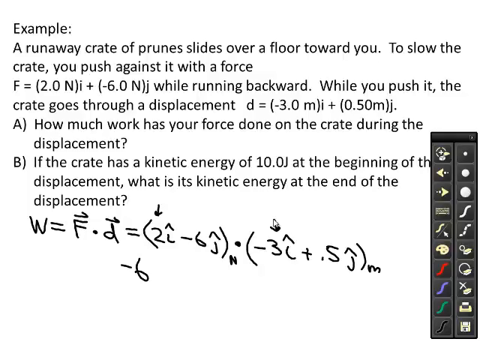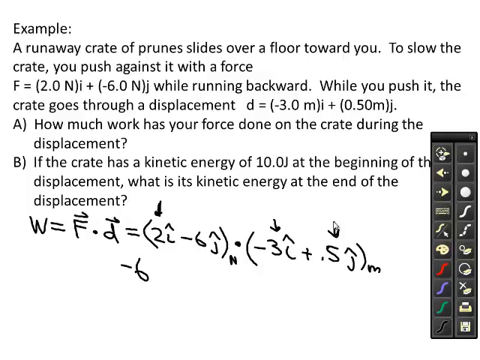I'm going to multiply the 2 i hat by this guy. Now keep in mind, i hat and j hat are perpendicular to each other. So if I have 2 times 0.5, and then I multiply by the cosine of the angle between them, I'm going to get 0.